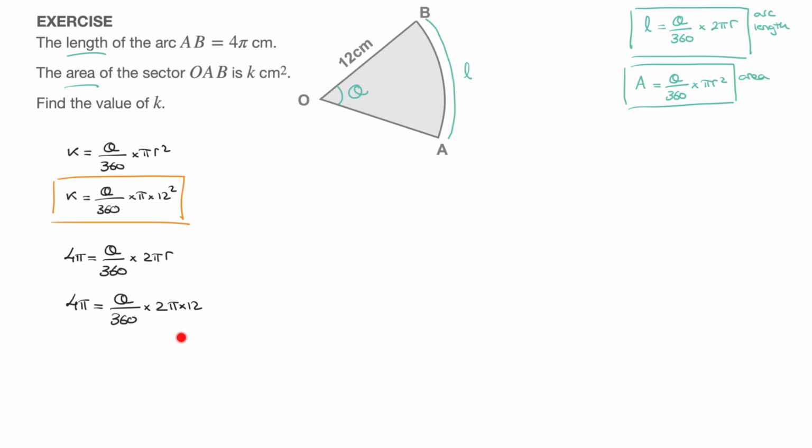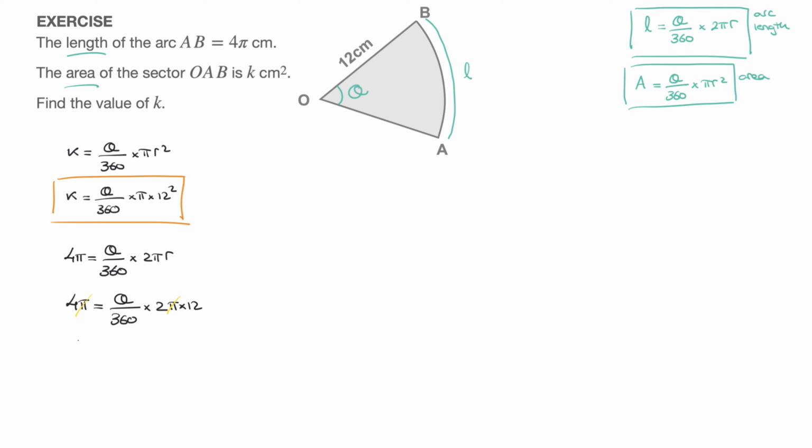Looking at this equation, we realize it only has one unknown, the angle theta. So all we have to do now is tidy this up and make theta the subject. One thing I notice is that both sides of this equation are being multiplied by pi. The left-hand side and the right-hand side have a common factor of pi, and consequently, we can cross those pi's out.